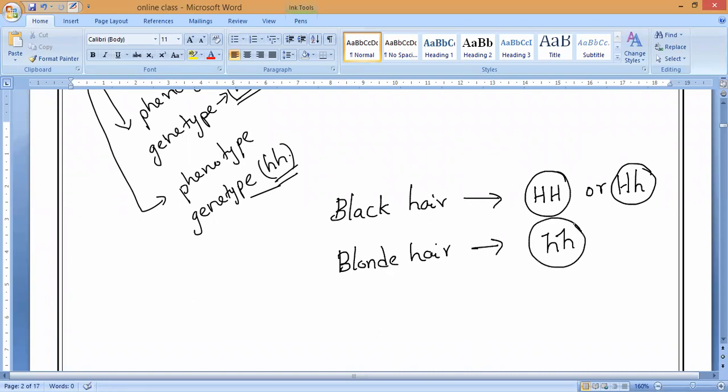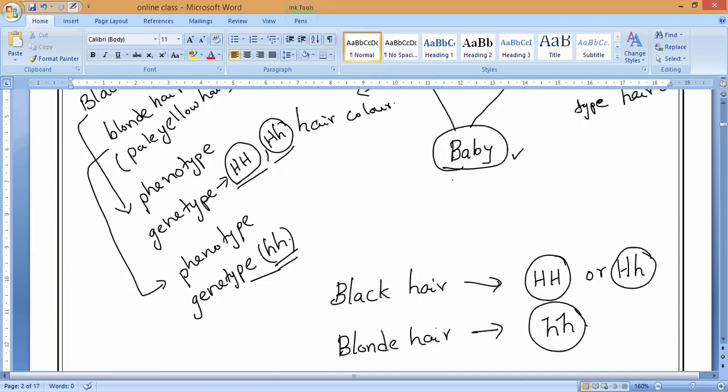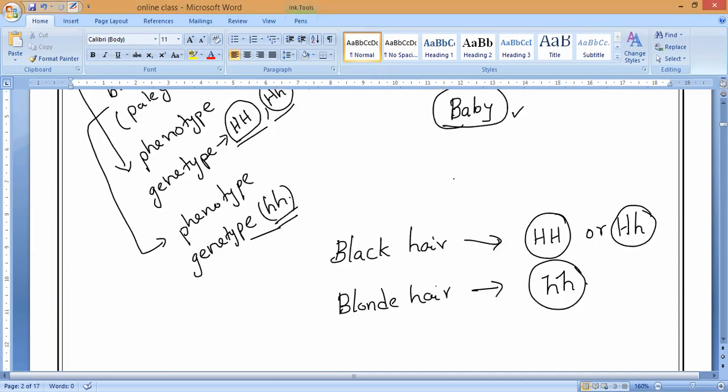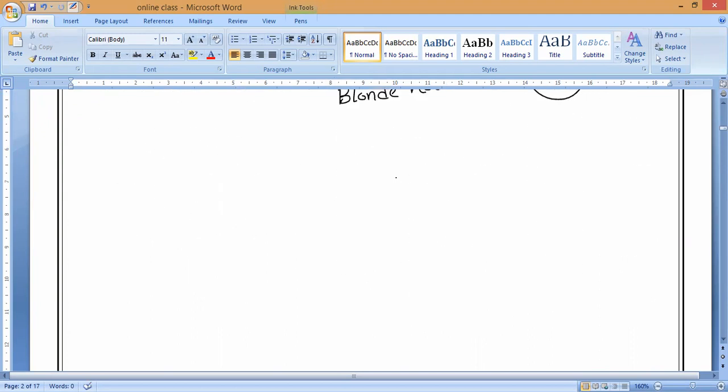Kindly write this point. Now we will study how these genes control the characteristics of the baby's hair color. Have you written this? Please at least say yes or no. Black hair genotype and blonde hair genotype. Any doubt in this?